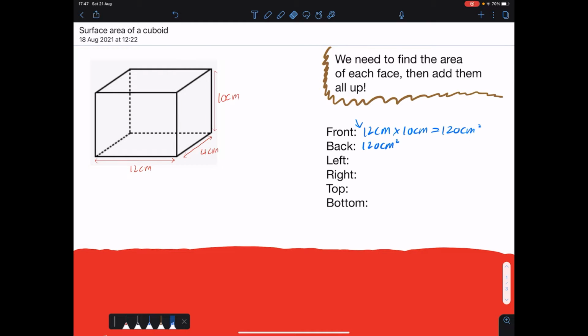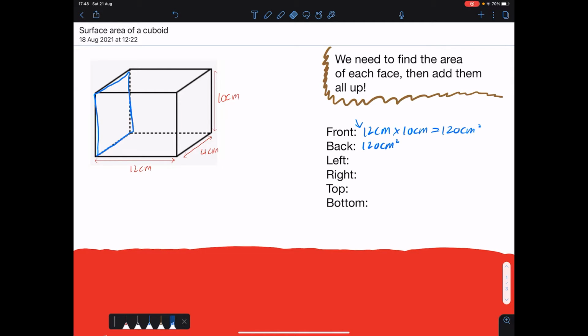Okay, so now let's address the area of the rectangle found on the left of the cuboid. This rectangle has one side length of 10 centimeters, which is the height of the cuboid, and another side length of 4 centimeters, which is the depth of the cuboid.